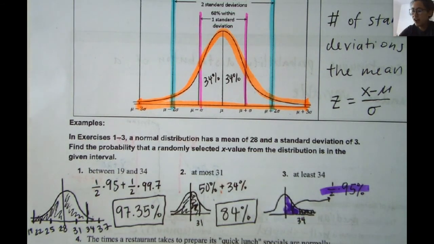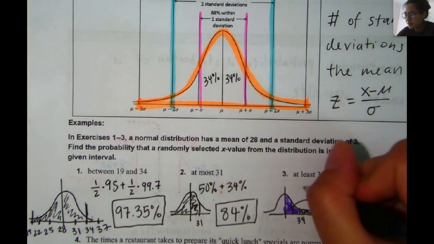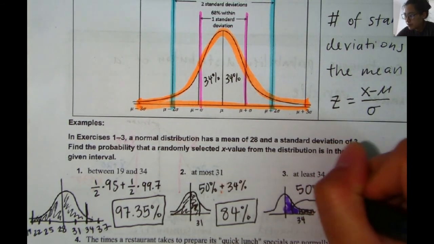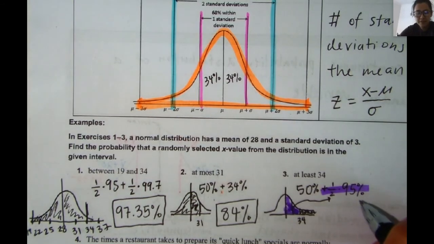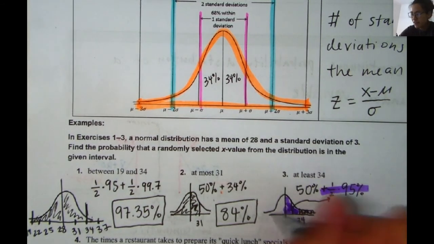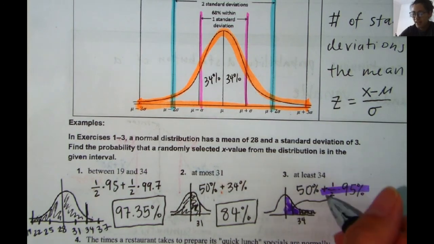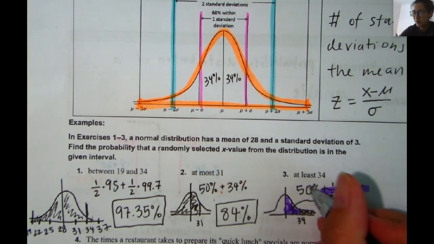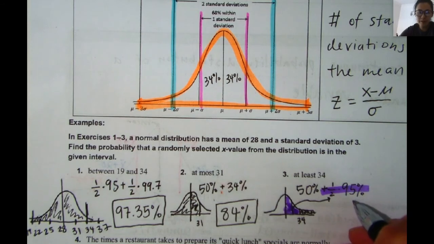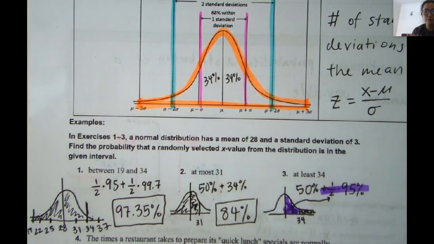And everything to the left, that's going to be 50%. So 50% plus 1/2 times 95% is going to get you everything else. So you want to do 100% minus this, because 50% plus 1/2 of 95% gives you everything that you don't want.